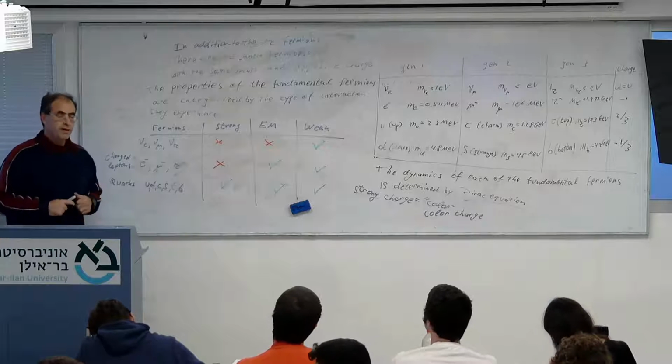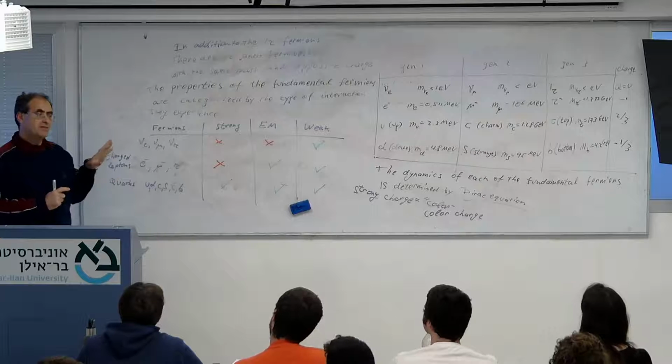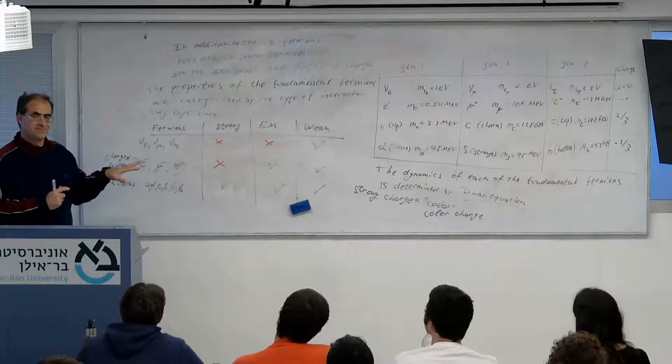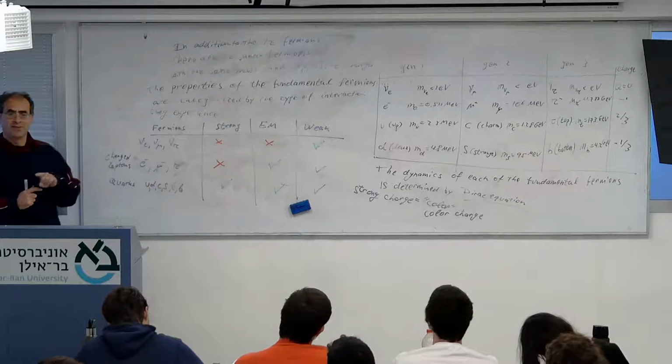And to further complicate things, the color charge itself comes in 3 different types, which are known as blue, green, and red, or red, green, and blue, RGB, right?